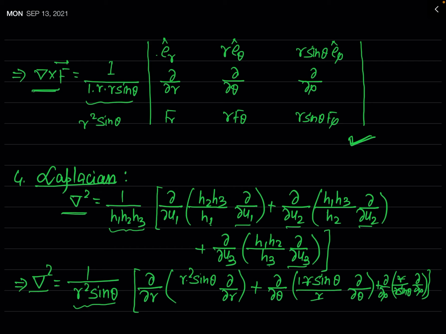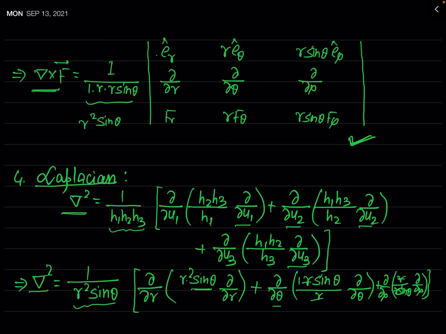Now see, in the first term we are going to find the partial derivative with respect to r, so sine theta will be treated as constant. So in the first term sine theta will be outside of the differential operator. In the second term, since we have to do the partial differentiation with respect to theta, r would be treated as constant, but there is no such term inside the bracket, so nothing will be outside of the differential operator.